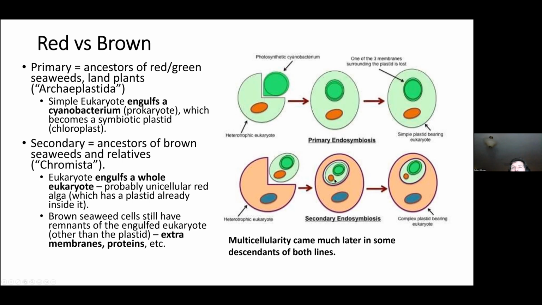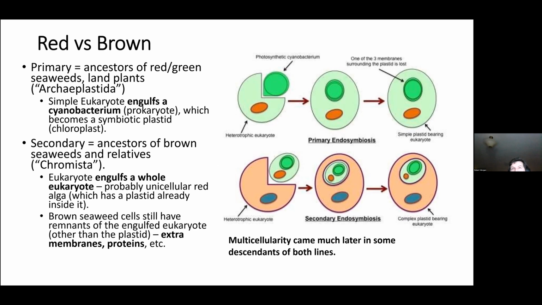And they've still got bits of the original complex cell within the membrane that surrounds the photosynthetic plastid. So all the cells in a brown seaweed are fundamentally different to the cells you get in red and green seaweeds and the land plants.